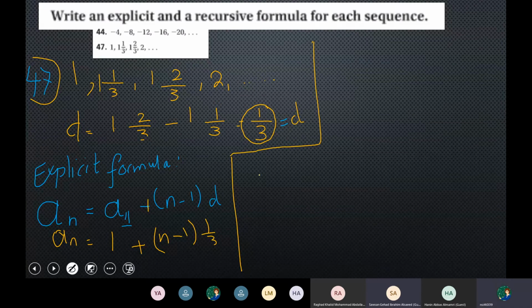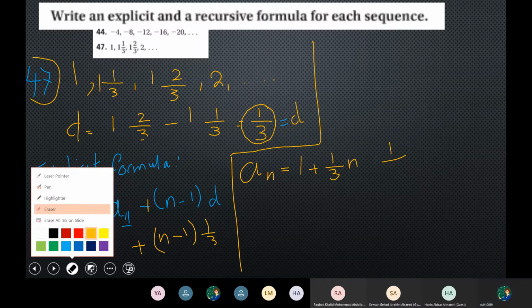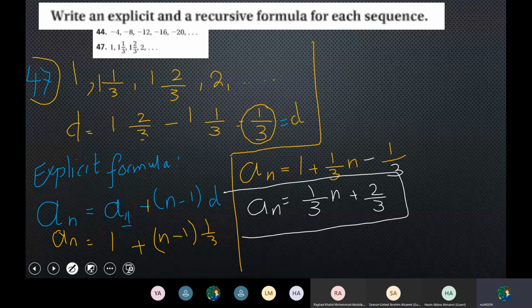So it will be A sub n is 1 over 3n minus 1 over 3, sorry, plus 1. So it will be 1 over 3n plus 2 over 3. Thank you so much, Susan. This will be an explicit formula.